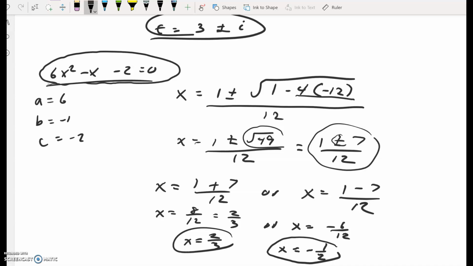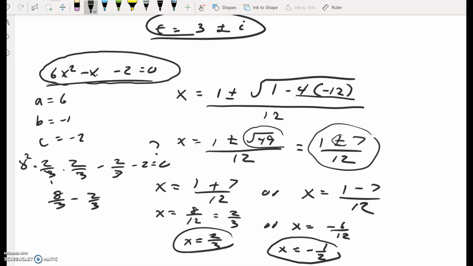If we put in, for instance, 2/3 here and here, it would check. Just for the heck of it, I'm going to check. You don't have to. So the question is, does this equal 0? And 6 and 3 cancel to 1 and 2. So we've got 8/3 here.